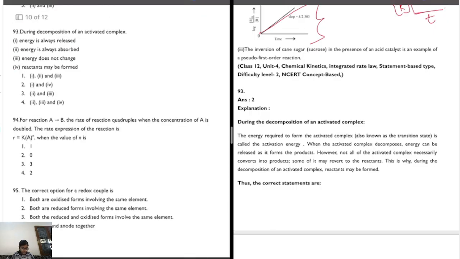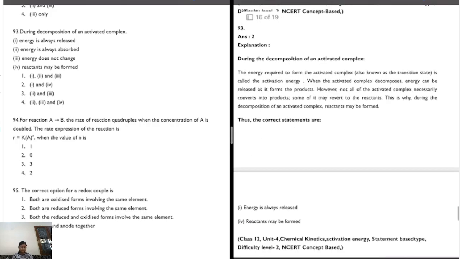Now, what happens during decomposition of an activated complex? Let's see. Initially, to form the transition state or the activated complex, we require energy. That is the activation energy, alright. And when it is formed and upon decomposing, energy is released to form products.